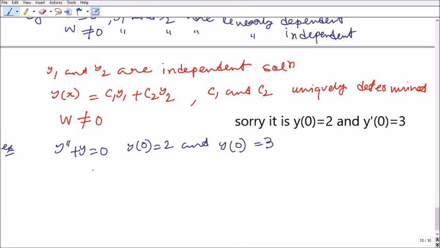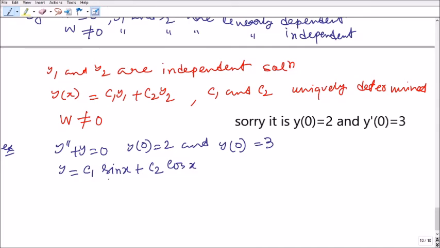Let me check whether y equal to c1 sine of x plus c2 cos x is a general solution of that differential equation or not.